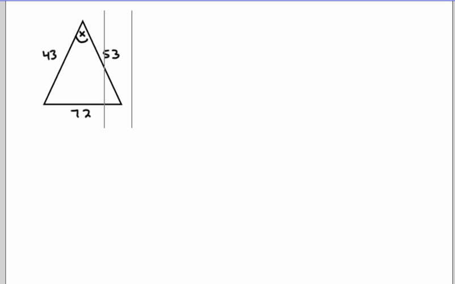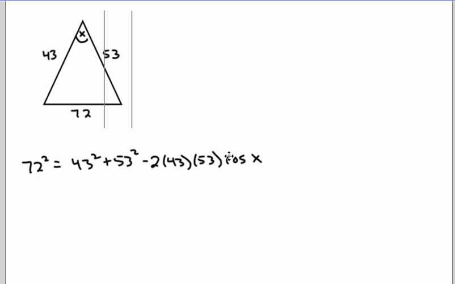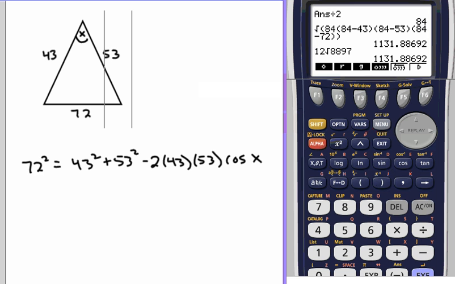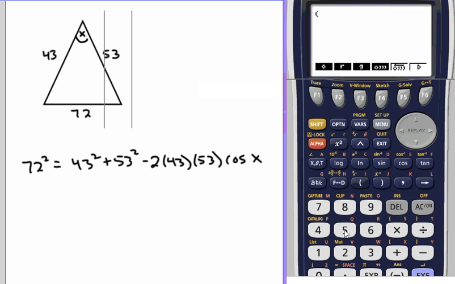I could do 72 squared. So just give me practice with the law of cosines. 72 squared would equal 43 squared plus 53 squared minus 2 times 43 times 53 times the cosine of angle X. So if I figure out angle X here, I could do 72 squared minus 43 squared minus 53 squared, then divide that by negative 2 times 43 times 53.